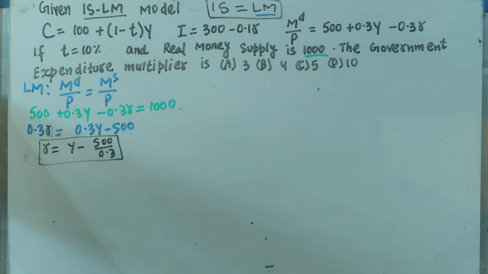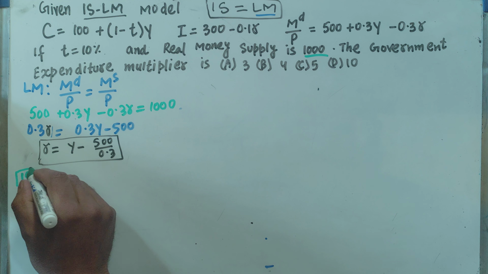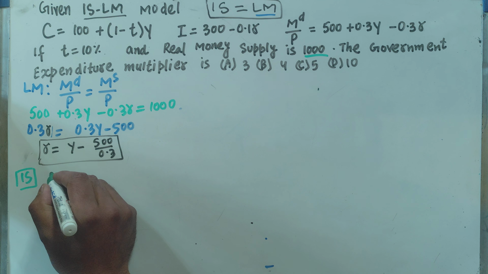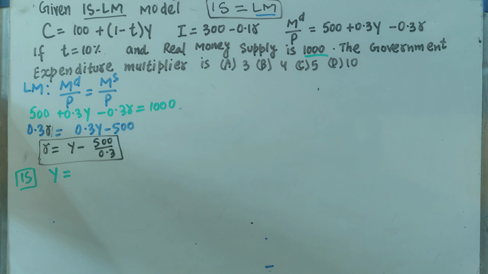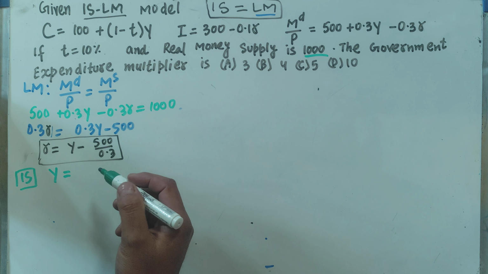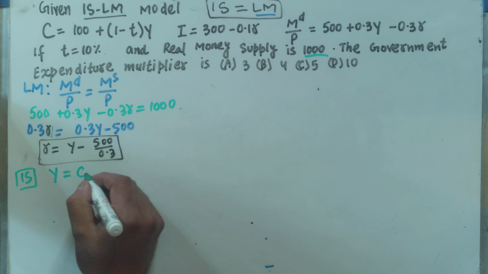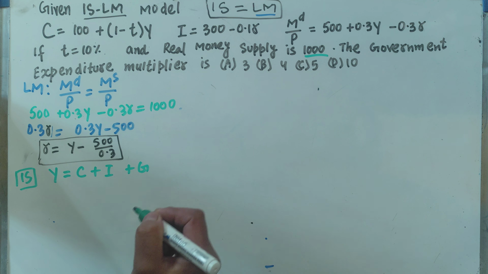Now we need to find out the goods market equilibrium, which is to find out the IS equation. We know that our total income should be equal to the total demand or total expenditure. So Y should be equal to the consumption expenditure plus the investment expenditure plus the government expenditure.